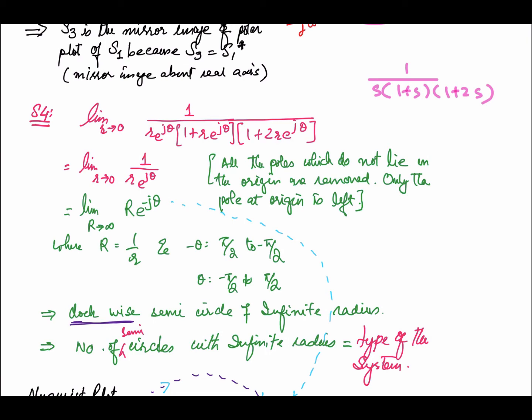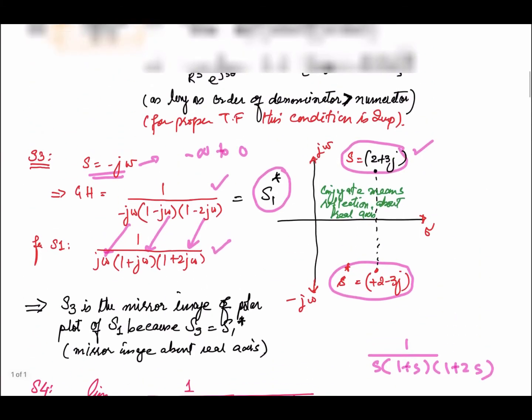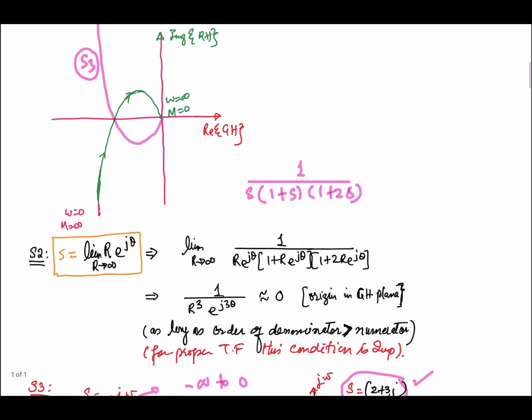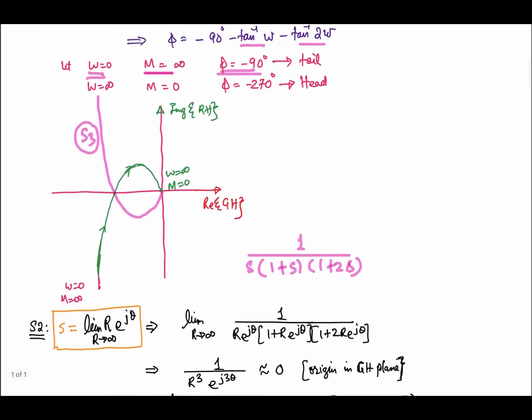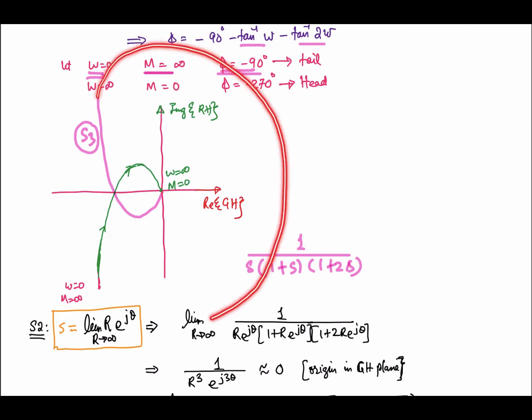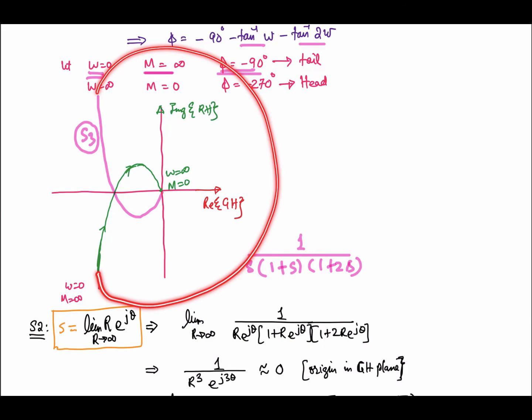Now how do we get the complete Nyquist plot? We know that if we have a closed path in the S plane, we should have a closed path in the GH plane. So we will be combining it like that, because we are traversing it like that, right? So we will be getting a closed path in the GH plane, and that closed path is this one.